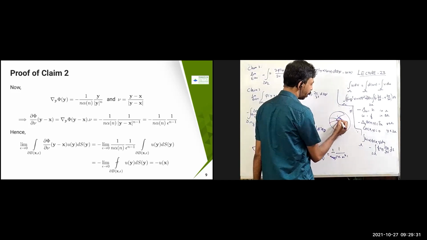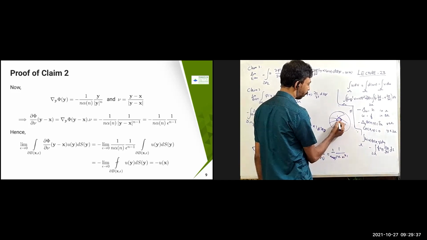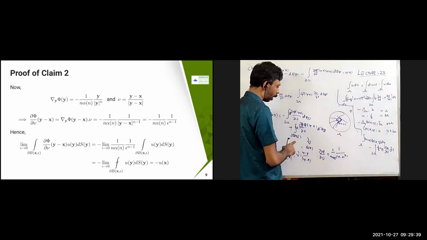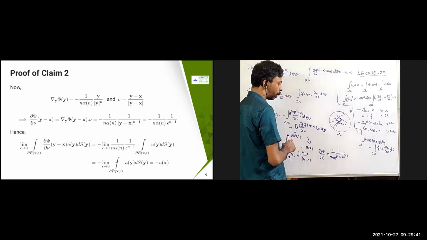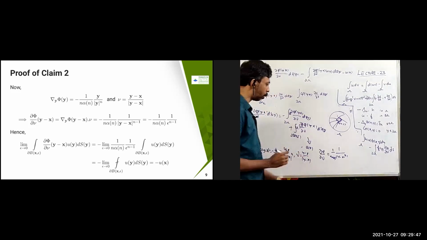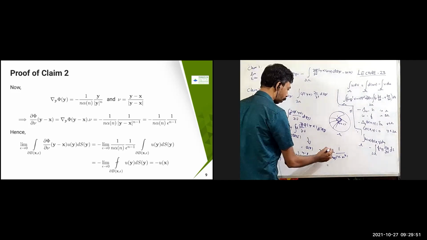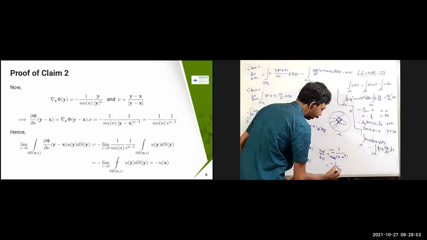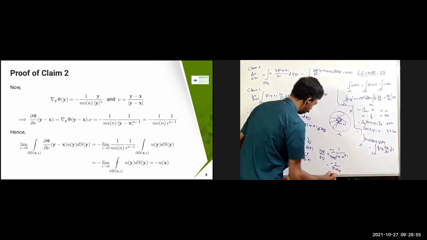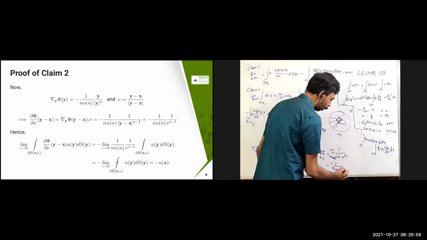So if I take any points in between this, what is it going to become? This distance is going to be this y minus x, because I'm going to take any two points in B of x comma epsilon. So if I take y belonging to this, dou B of x comma epsilon, then what you are going to get is minus 1 by n alpha n, because this is in B of x comma epsilon, so the distance is going to be less than or equal to epsilon power n minus 1.